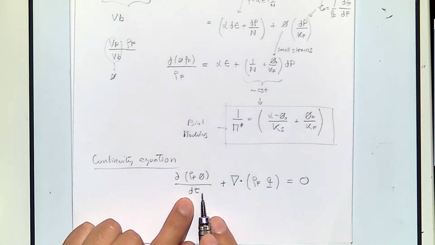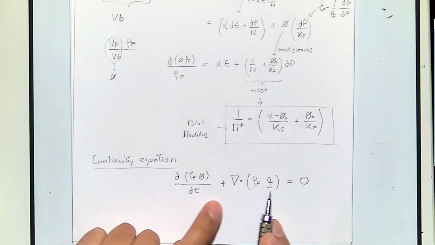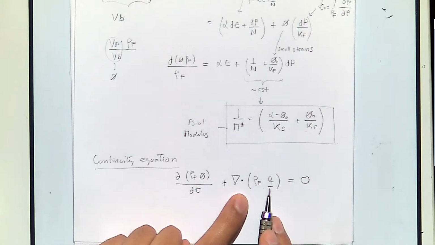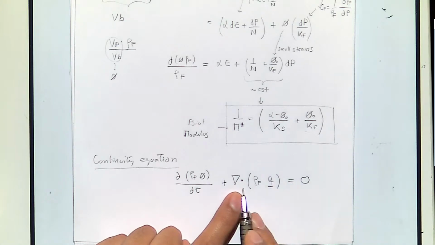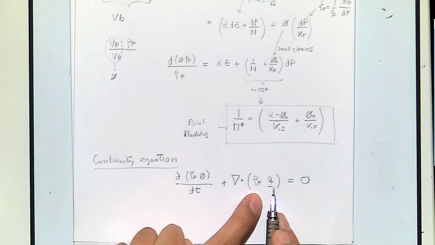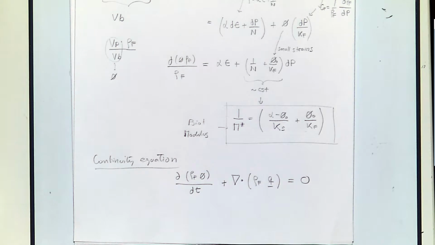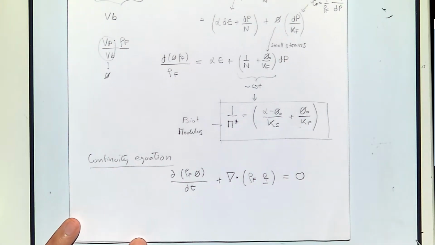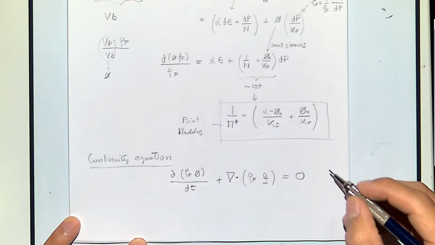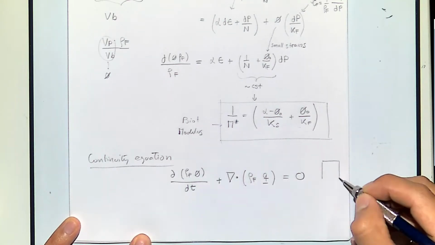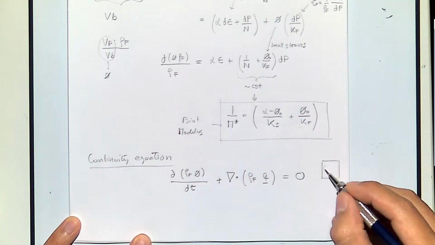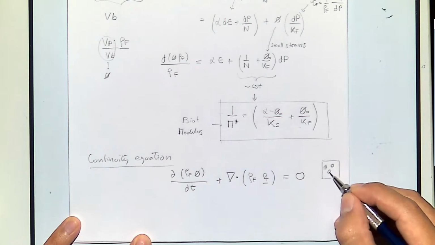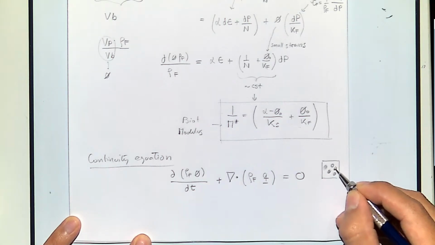So this one is, at a given point, the variation in time. This one is the variation of fluid coming in different directions. So this is a gradient of rates in space. Basically, let me do a schematic here. If we have a porous solid, the first term is what we just did.